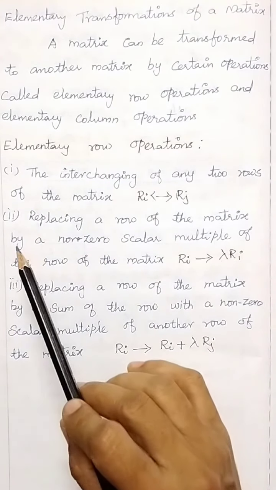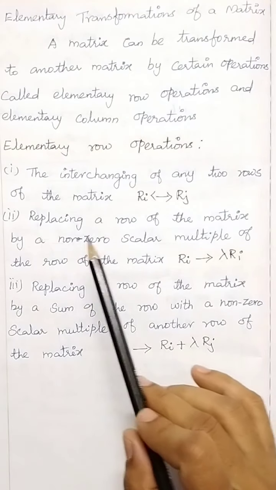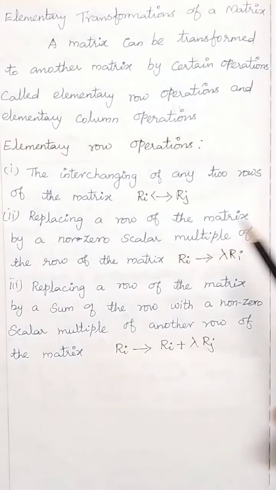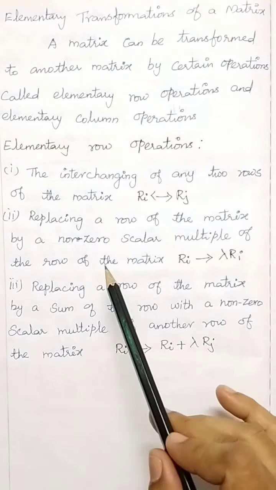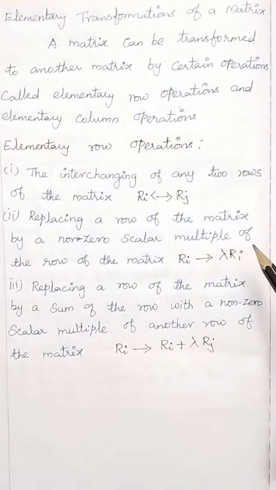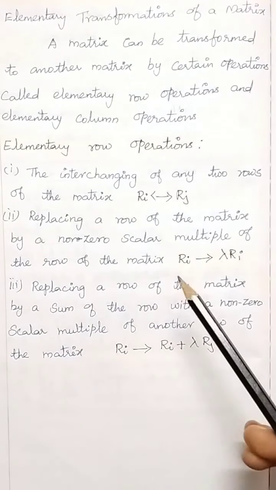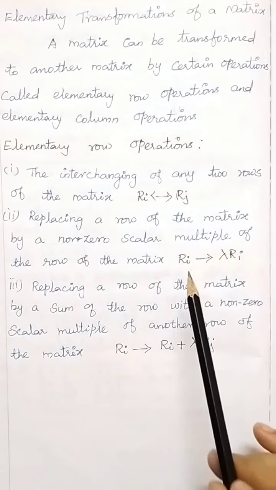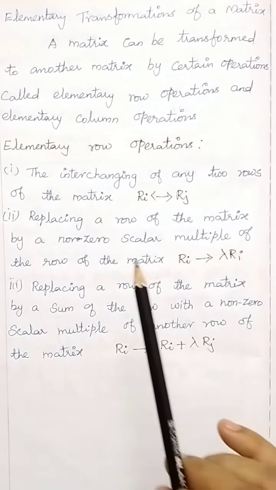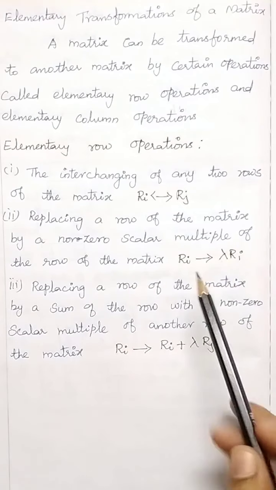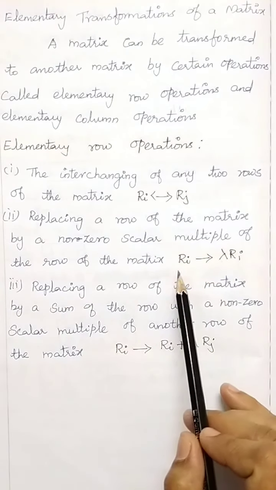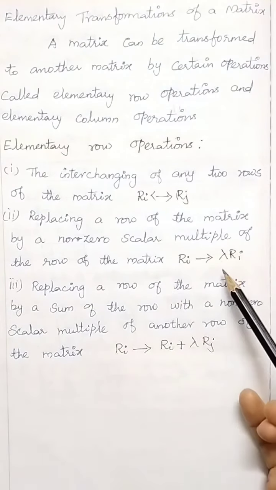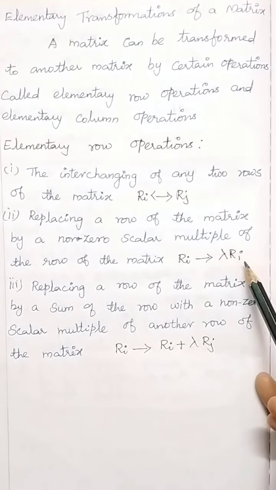Our second operation is replacing a row of the matrix by a non-zero scalar multiple of the row of the matrix. Here we consider only one row. That row is Ri, means this operation goes to Ri replaced to lambda into Ri.